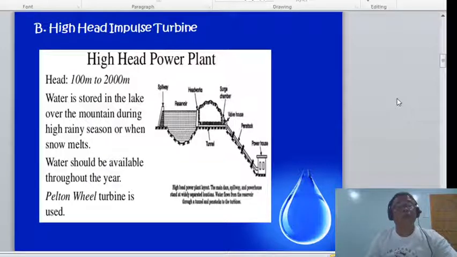Water is stored in a lake over the mountain during the rainy season or when snow melts. The turbine is the Pelton wheel, the type utilized for high head plants.